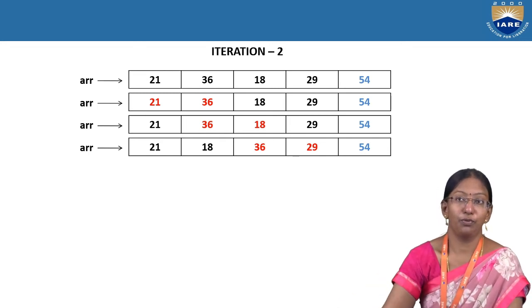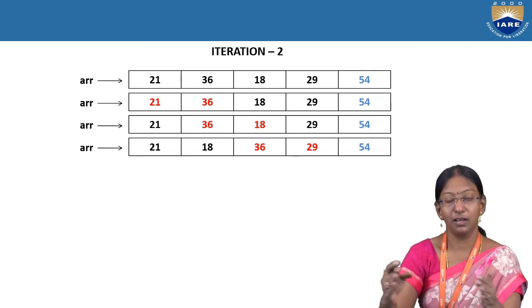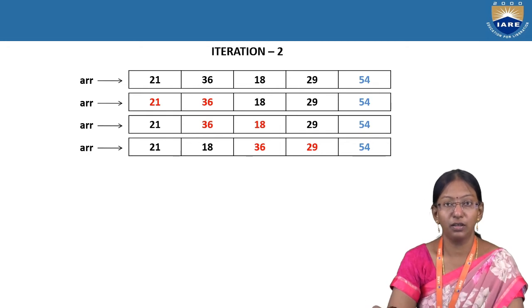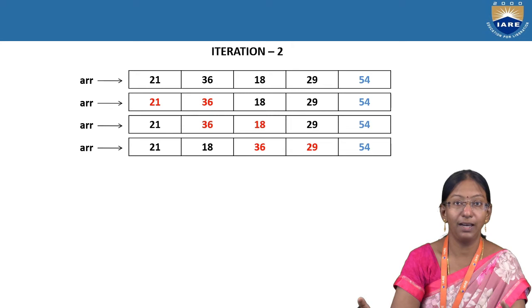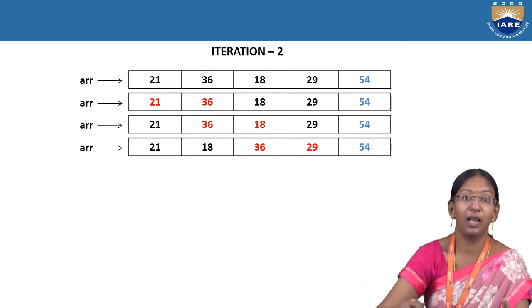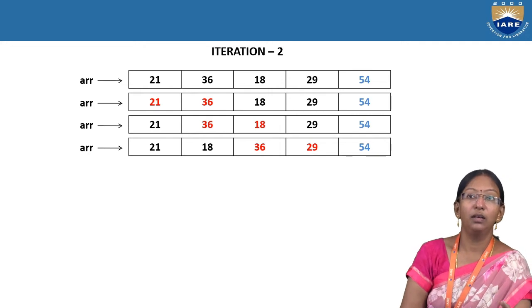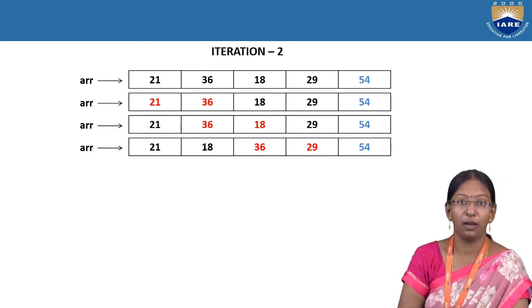Forget about 54. I have removed it from my point of concentration. The major list has shrunk into a sublist. If the actual one had n elements, in the second iteration I will have only n minus 1 elements. Right? So now my point of concentration is 36 and 29.